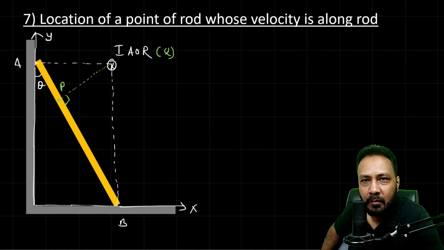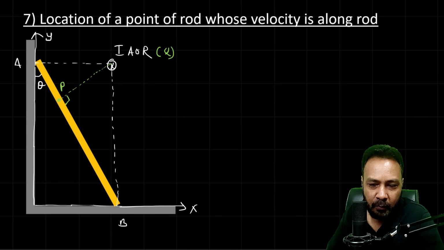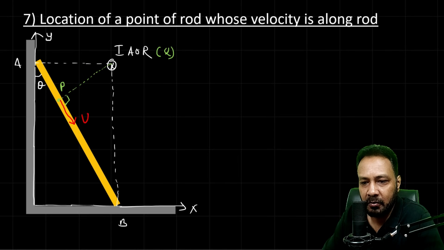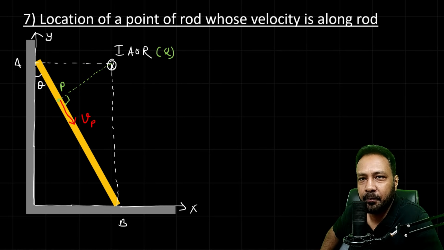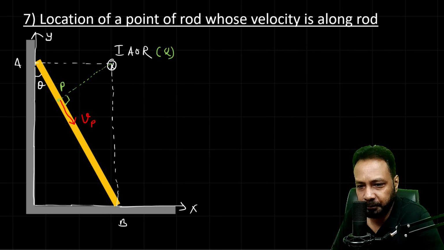So the velocity of point P must be perpendicular to PQ, and because PQ is perpendicular to the rod, the velocity of that point would be along the rod. So if I want to find a point on the rod where the velocity is along the rod, that point should be such that the line joining IAOR to that point must be perpendicular to the rod. So that is the basic thing.